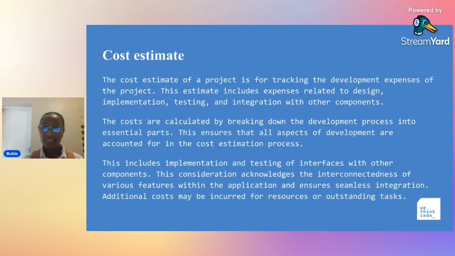The cost estimate of the project is for tracking the development expenses of the project. This estimate includes expenses related to design, implementation, testing, and integration with other components. The costs are calculated by breaking down the development process into essential parts. This ensures that all aspects of the development are accounted for in the cost estimation process.